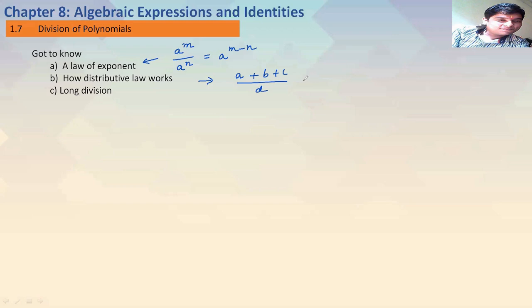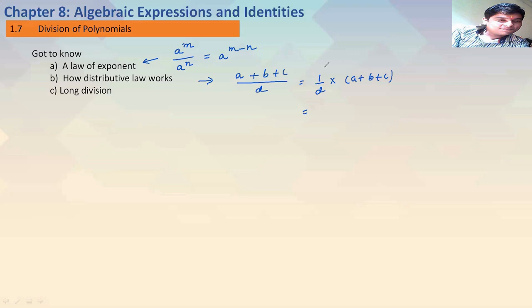This is basically 1 by D times A plus B plus C. Do you have a doubt in this? No. Sure. Okay. Now we just did distribution of multiplication over addition and subtraction, right?